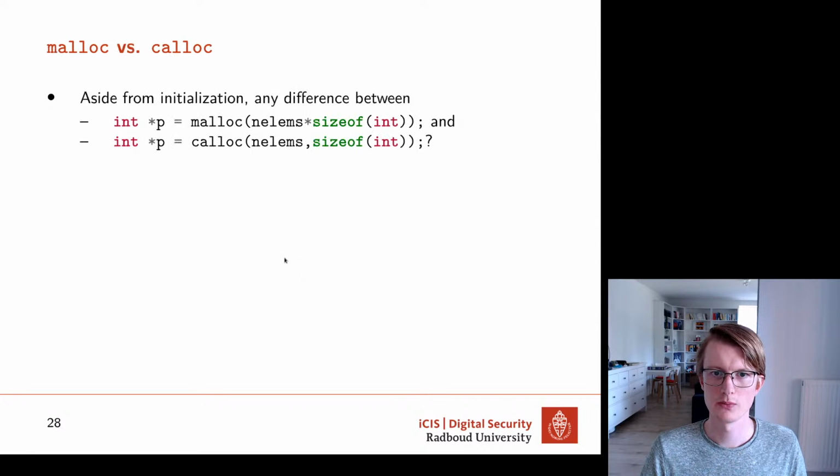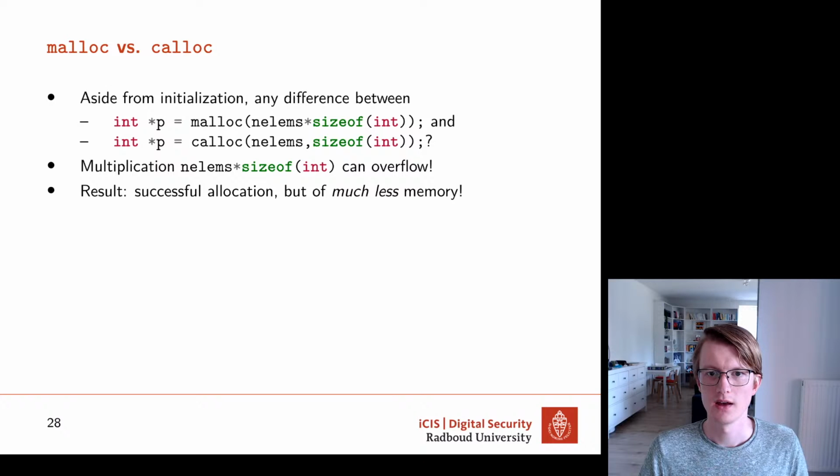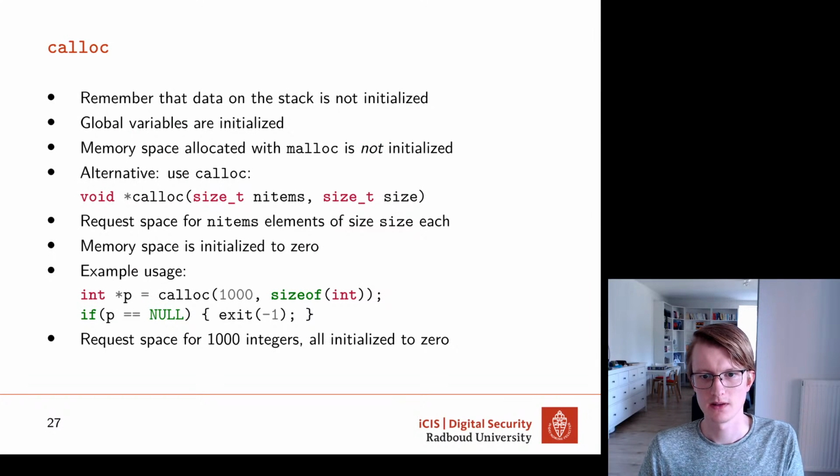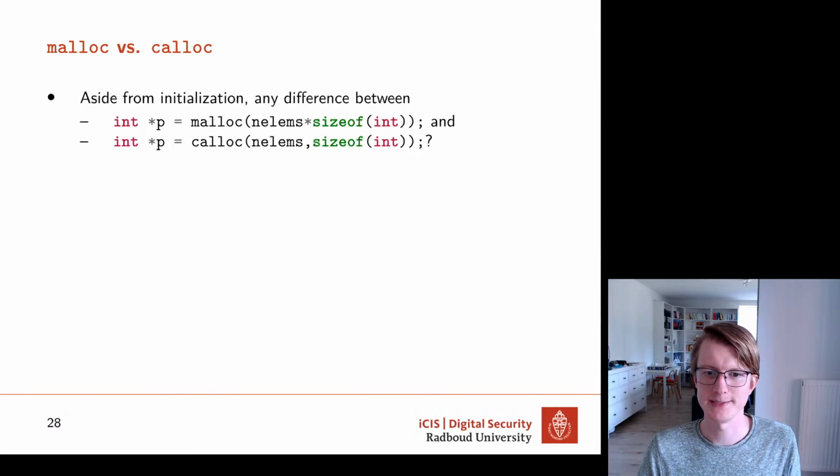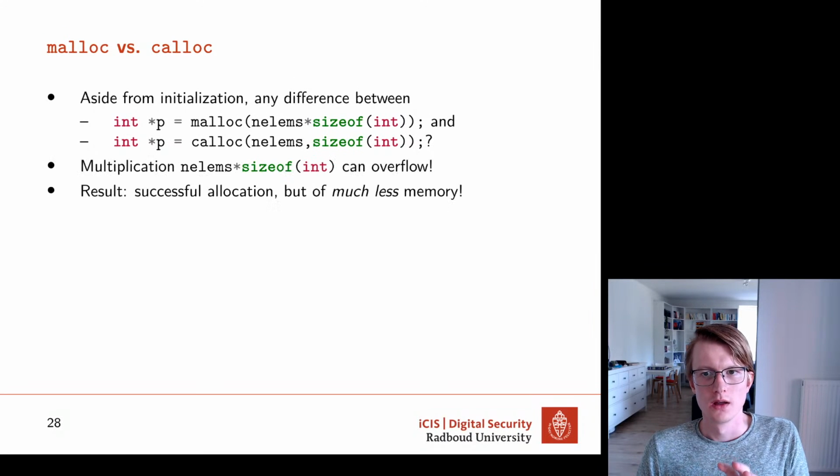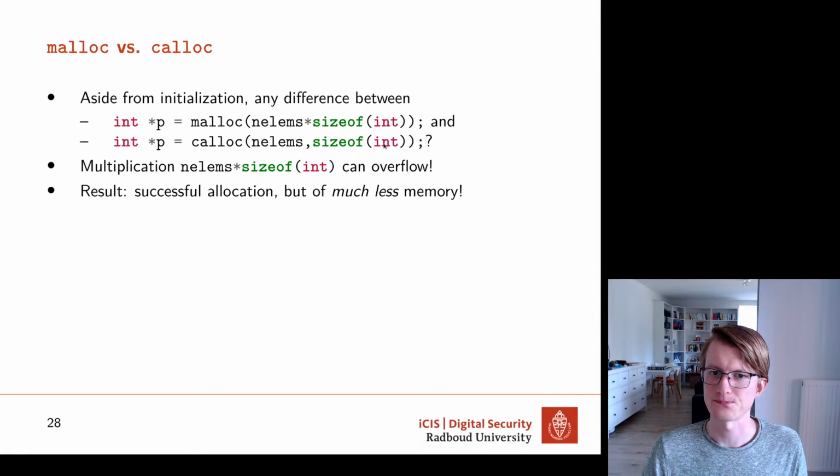And it will also make sure that this memory is available. Malloc is sometimes lazy. The difference between the multiplication and the comma is that the result of the multiplication might actually overflow. If I want int max times 4-byte integers, then this will be larger than the maximum for size t.